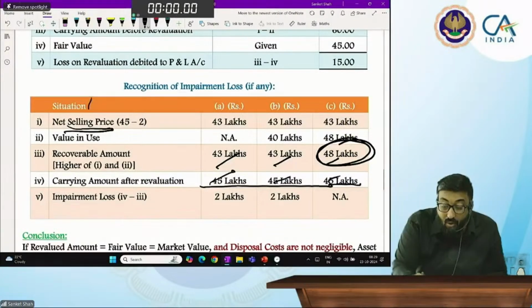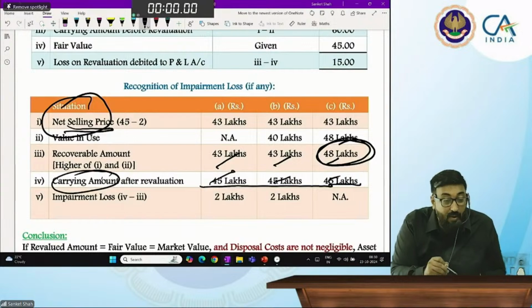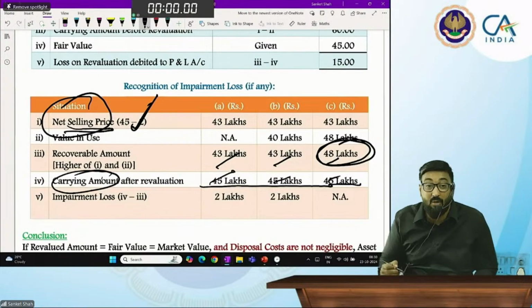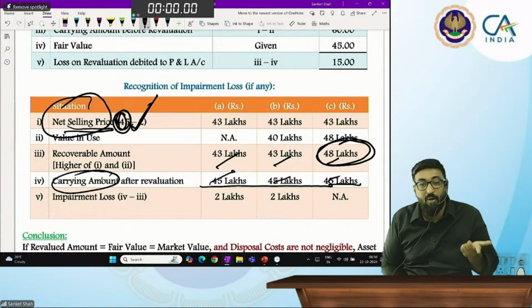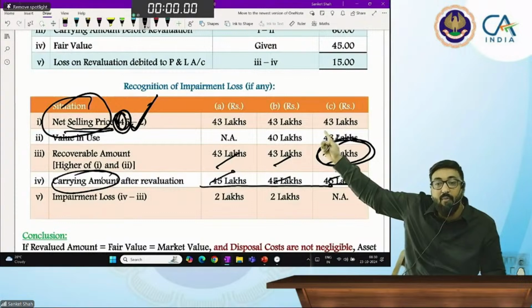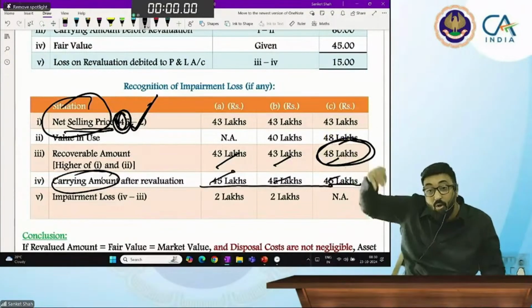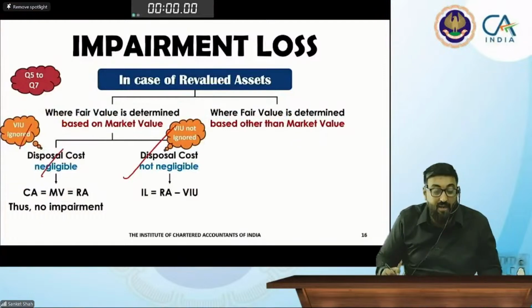See, here you are following net selling price, and here you are following carrying amount after revaluation. But in net selling price, you deducted disposal cost; you are not directly taking 45. And if you are taking disposal cost as a deduction, then you will compare with value in use, and it might happen that value in use is higher or lower. So here I have to consider value in use in the second chart.